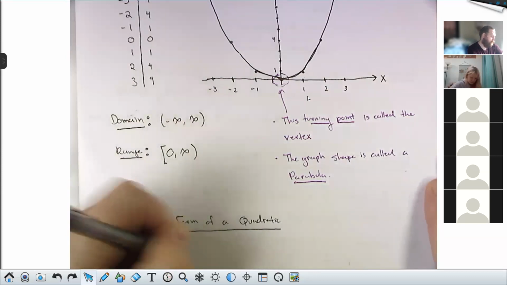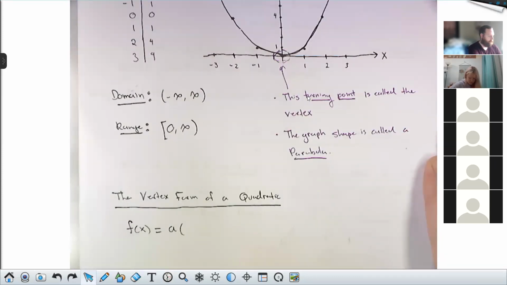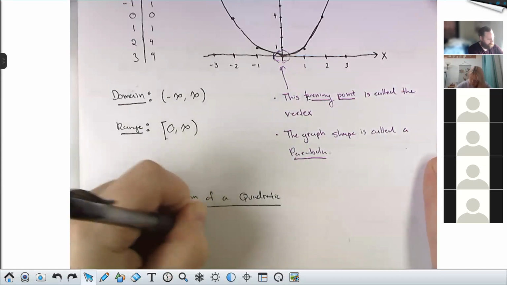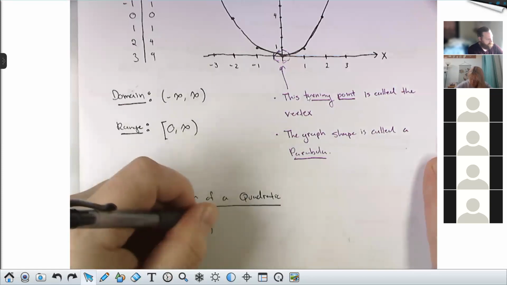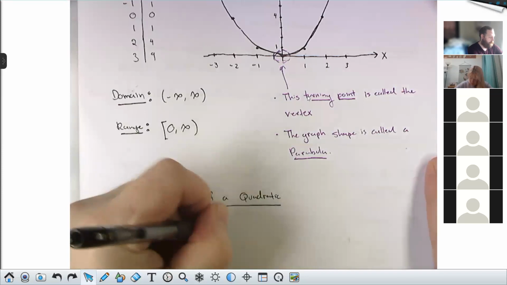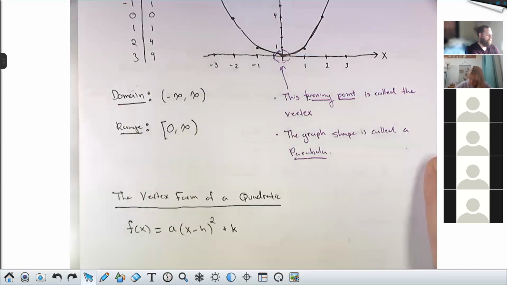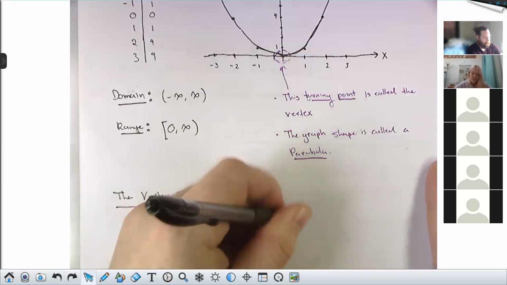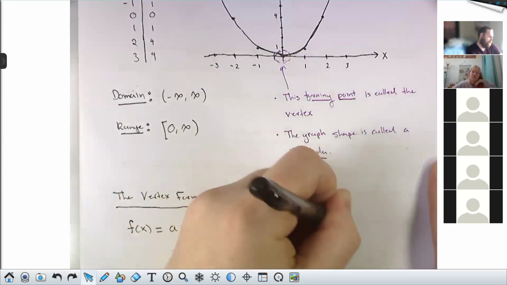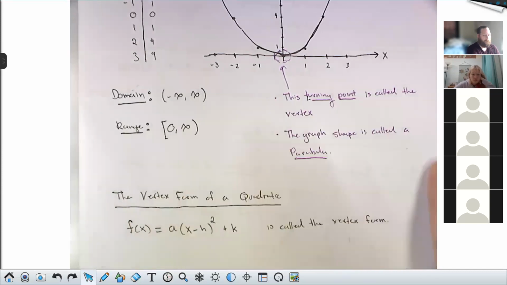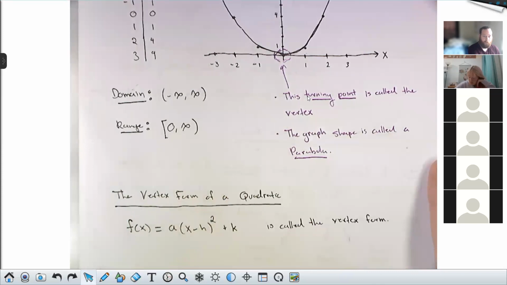If you can write your quadratic in the form f of x equals a, where a is still that same lead coefficient as in the standard or expanded form, times x minus h, where h is a constant, all squared, plus k, this is called the vertex form. Every quadratic can be written in this form as well.